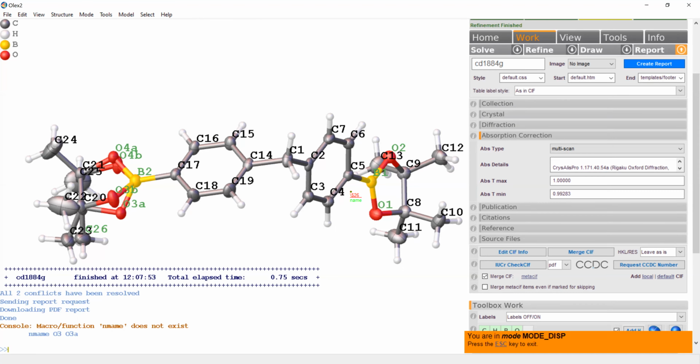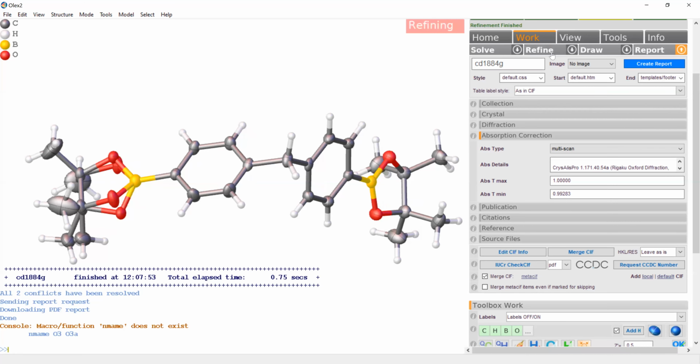And then for C23, it's part 2. So we're going to label it the A because it's the major, so it's going to be C23A, or label C23, C23A, and name C26, C23B. That's how we know that those atoms are disordered atoms, or the same atom but over disordered positions.